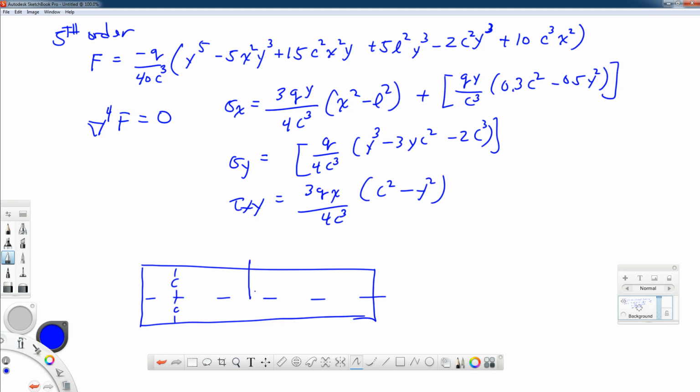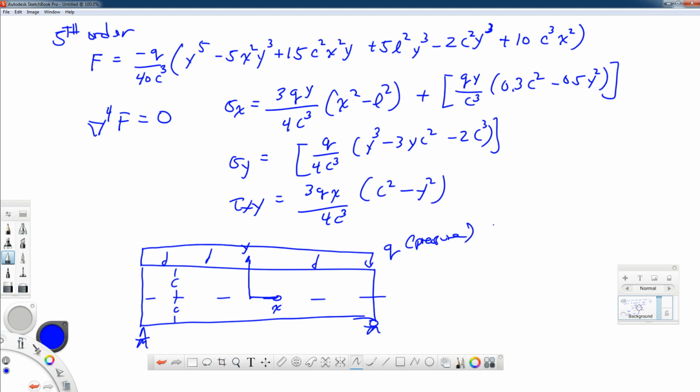If we put our coordinate system at the middle of this region, we would find that we end up with a traction on the top surface that's equal to Q, which is a pressure, and that we have some distribution of stresses that represents a simply supported beam with a constant load distribution.